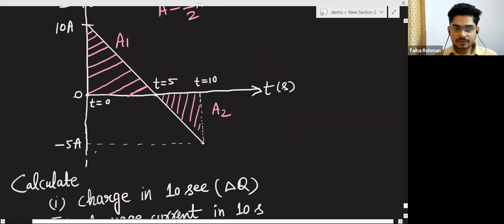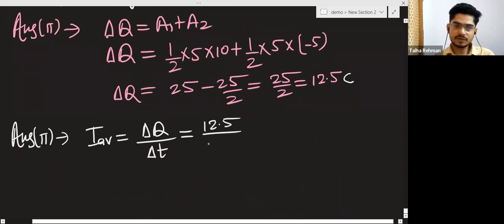Because from here the charge started flowing, and from here to here we have to calculate the value of charge or current. So delta T is from t equal to 0 to t equal to 10 seconds. So 10 minus 0 means 10. You can write here 10 minus 0.